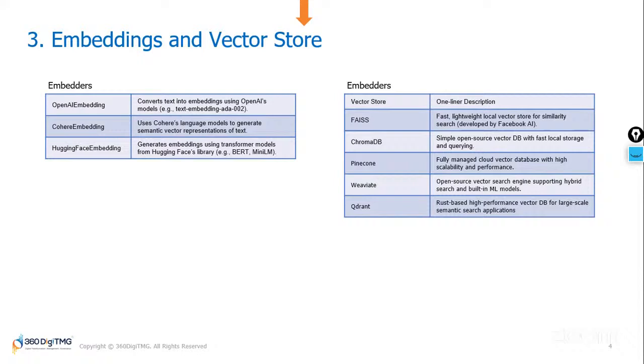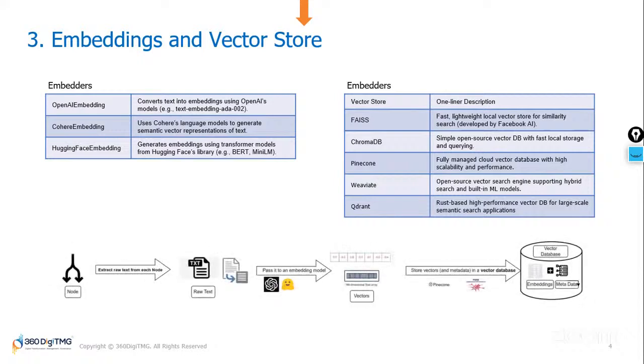These vectors will be stored in structures called indexes. LlamaIndex gives you several options: VectorStoreIndex, ListIndex, TreeIndex. Depending on what we want to search and what kind of data we want to retrieve, we can choose among them. And OpenAI embeddings and different kinds of embedders are also available.